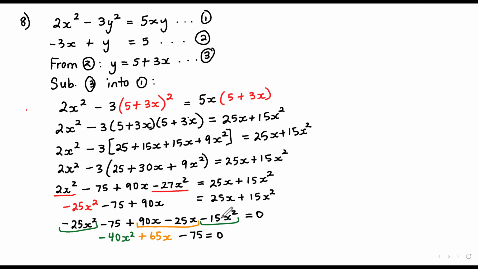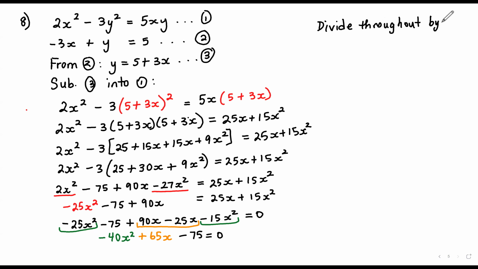Now, I prefer to have x squared being positive. But apart from that, 40, 65, and 75 are all divisible by 5, right? So I'm going to divide throughout, first by -1, so that I have a positive coefficient of x squared. So I could just say that I'm dividing throughout by -5. Right? And the reason I'm doing that is so that I could get smaller numbers, and then I could get the coefficient of x squared to be positive.